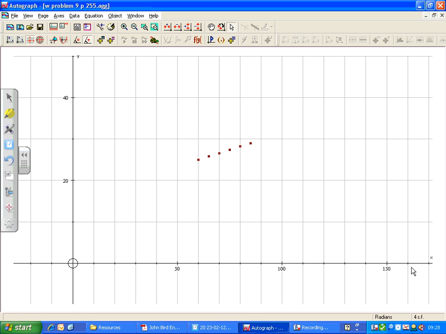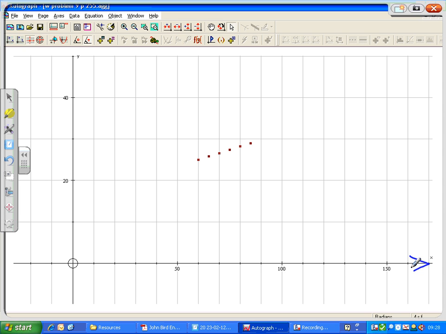Just a word on the variables. On the x-axis here, where we put the temperature, is generally what's known as the independent variable. So we tend to put the independent variable along the x-axis. That's the variable we're controlling.